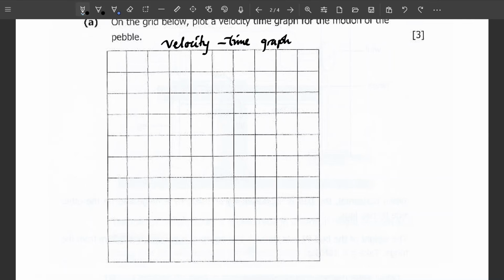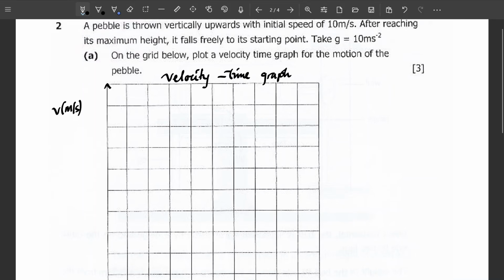Let's just consider this one as the velocity. Velocity should be in meters per second. Then the horizontal one, this is time, t, in seconds. So we need to know time here.